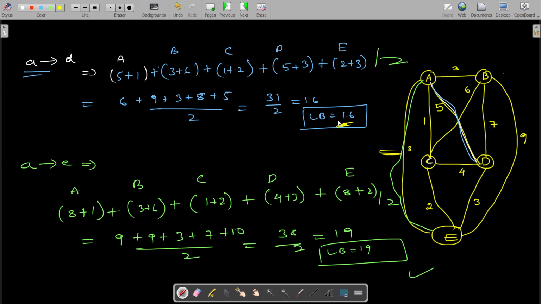Approximately we have taken the ceiling value. Then 10.5 you will get, right? So this is the approximate value, that is 16. That's why I took the ceiling value. Focus, ceiling value it is.